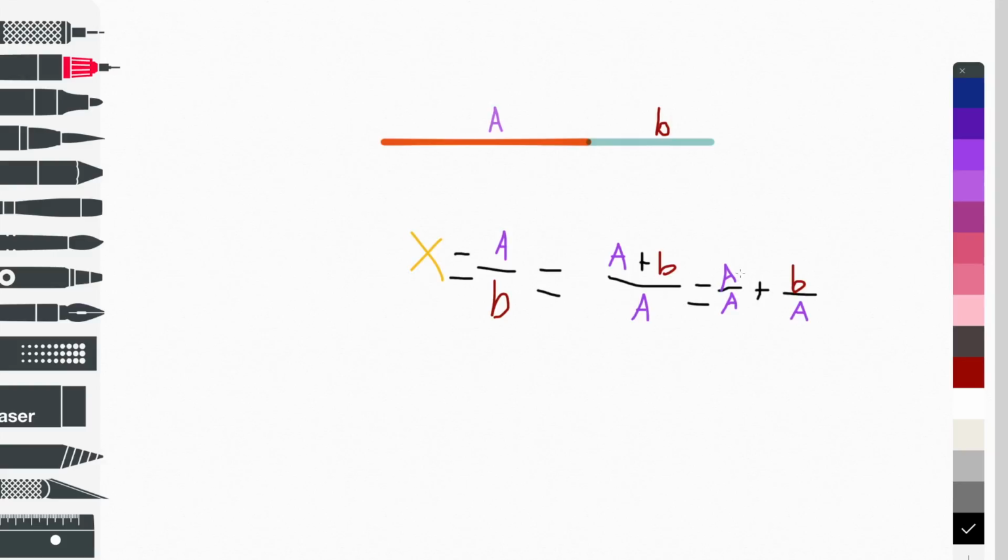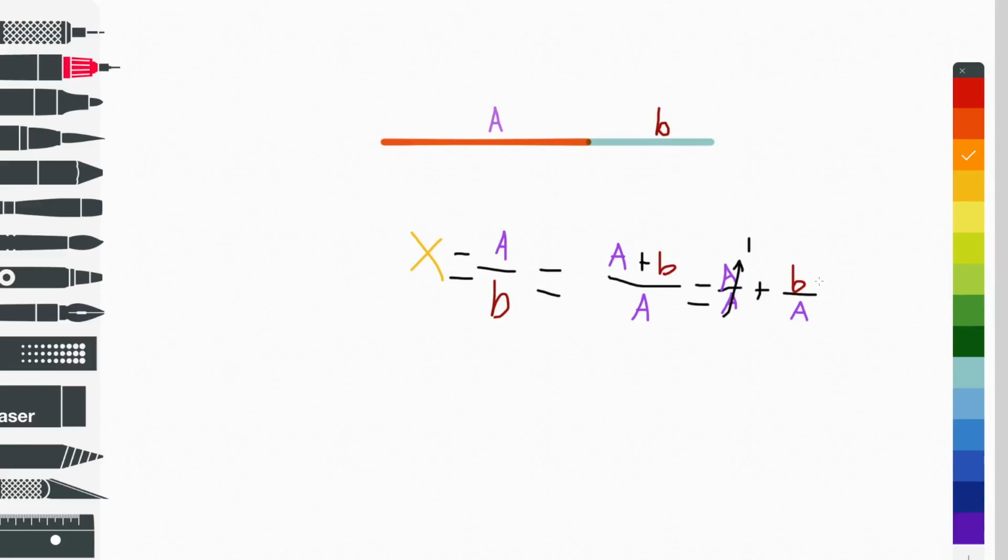And you also know that A over A is just 1, right? So 1 plus B over A is equal to x. And you should also know that B over A is basically the opposite of A over B. So this should simplify to 1 over x.